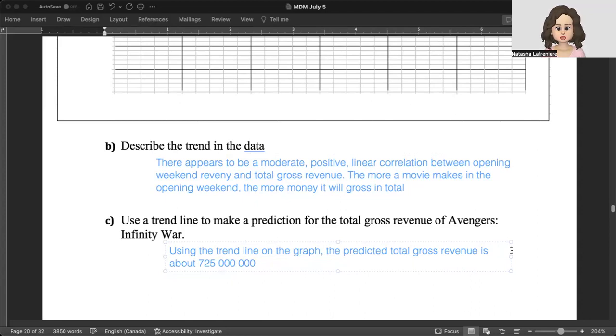So you would look at your graph, and you would look at that line of best fit and where you think it's going to go over time.